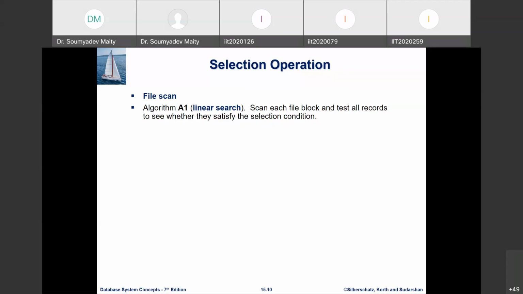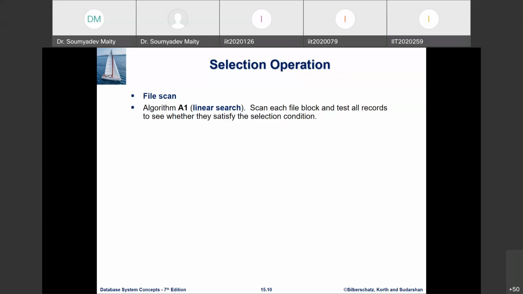For example, to implement the selection operation on a particular table, how many possible algorithms do we have, what are the costs, and how can we estimate the cost of applying those algorithms on a particular table? That we'll see.